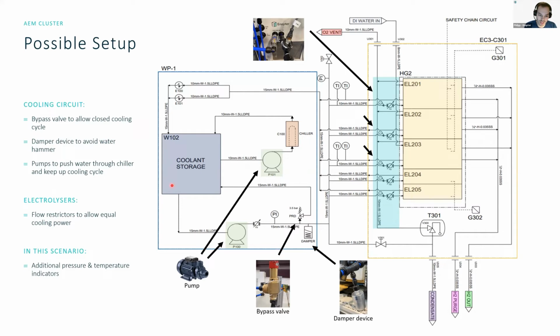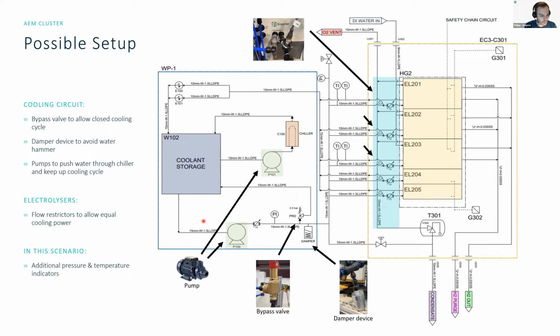What I want to focus on here is this closed cooling loop, which is possible because we have this bypass valve. If you don't use a bypass valve, then you will have to figure out the pressure in your pipes to make sure that none of the electrolyzers is reached by either too high or too low pressure. Remember, we need a specific cooling power, and on the other hand, we also don't want the pressure to be too high.